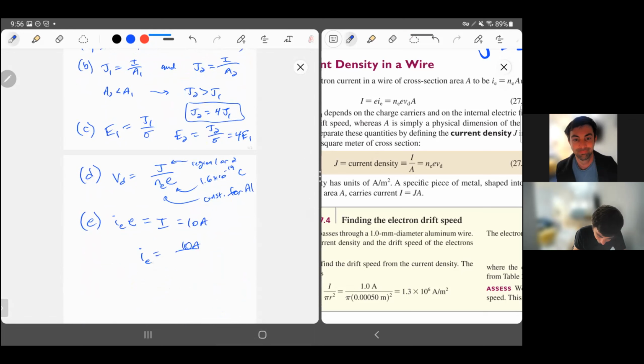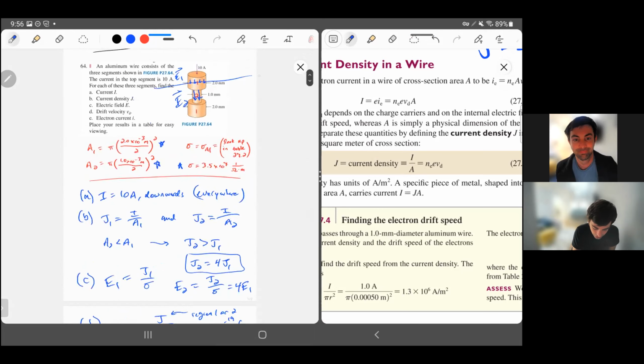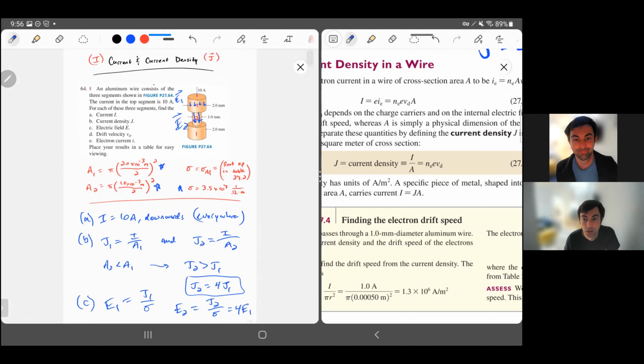It's the 10 amps divided by the charge of an electron, 1.6 times 10 to the minus 19 coulombs. If you're dividing by a really small number, 10 to the minus 19, you have a lot of electrons per second passing through any one cross section. So whether you look at a cross section here or a cross section here, there's the same number of electrons per unit time passing through either of those 2 cross sections. Okay.